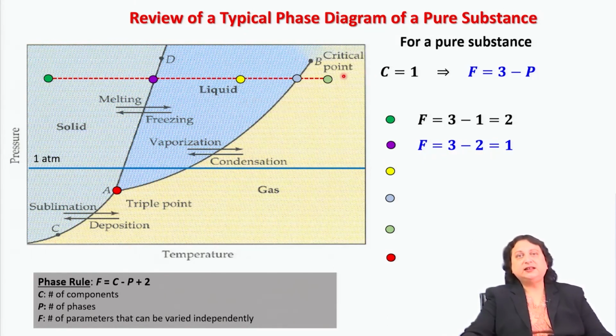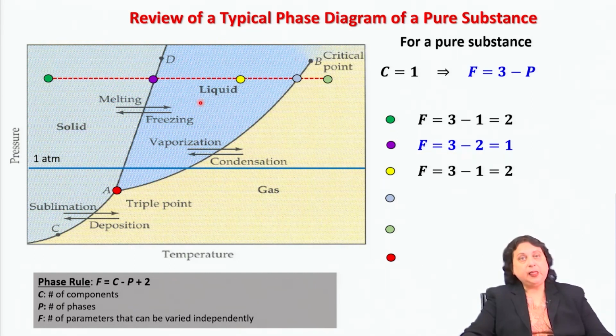So, just like the green point, here again at the yellow point I have p equal to 1, and correspondingly I find that f is equal to 2, and as long as I am within this blue region, I can change the temperature and the pressure simultaneously, but still the system will remain in a single pure liquid phase.